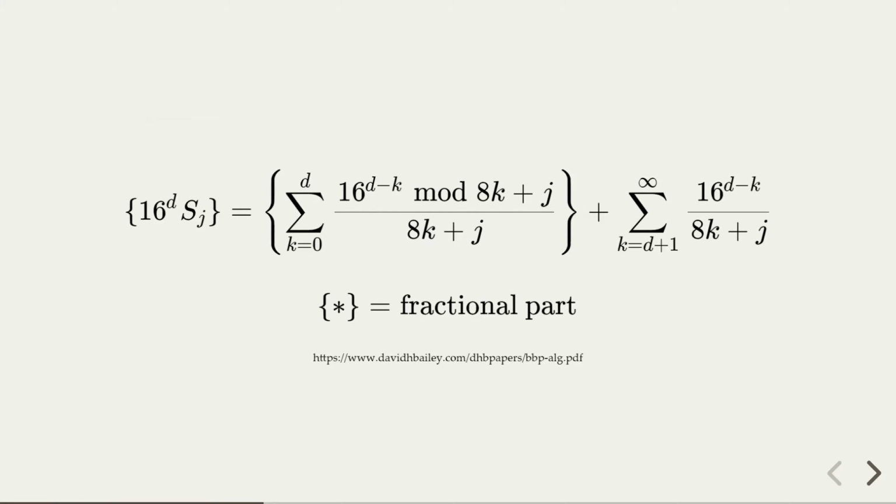So you're multiplying by powers of 16 to the d to slide things along, and then all you care about from the part that you shifted past the decimal point is the fractional part.